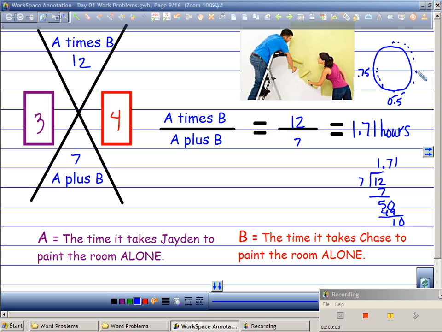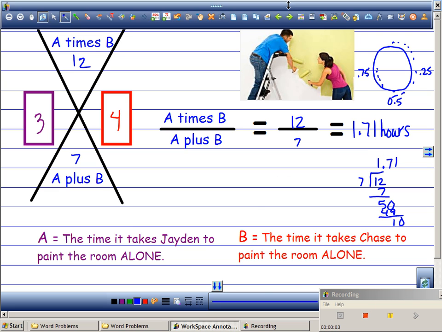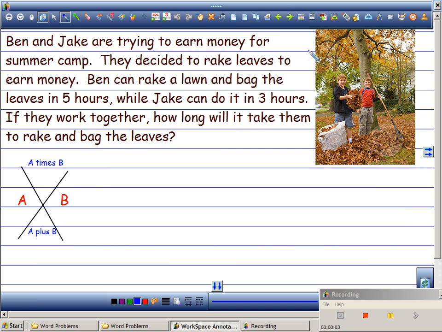And what would be 15 minutes in decimals? 0.25. See what I'm doing? I'm just trying to estimate how long it would take. For the homework, you don't need to give me an exact, but this would take probably somewhere around an hour and 45 minutes. Okay? All right, so let's look at another one.